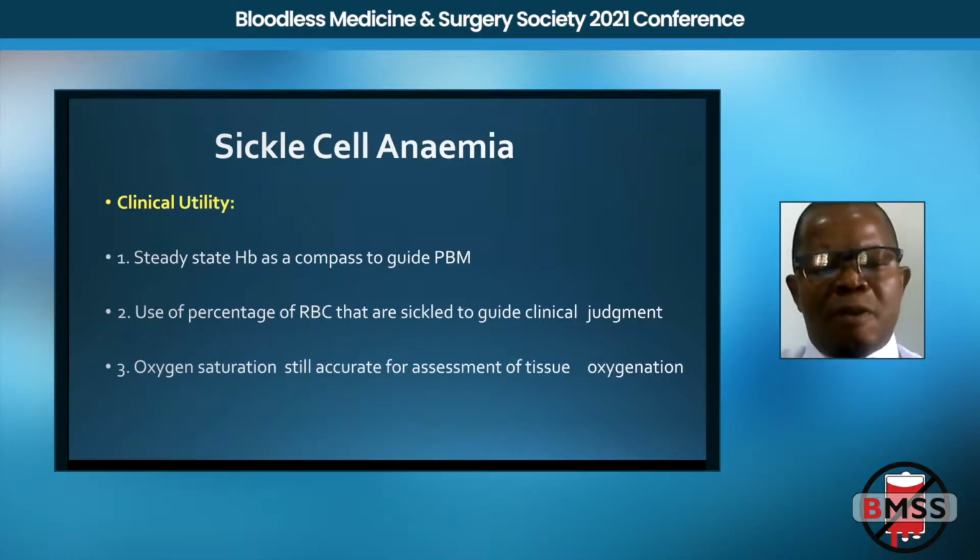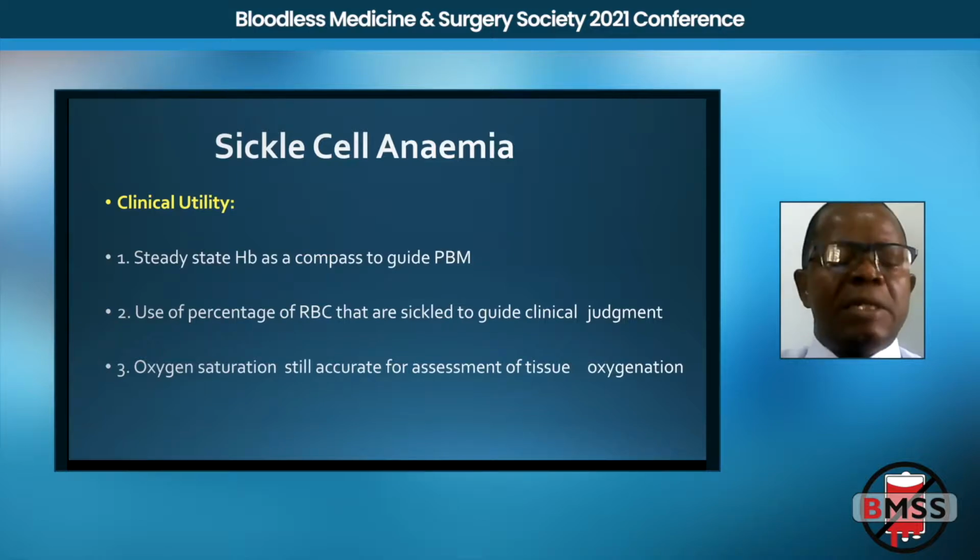We also have seen a correlation between the number of irreversibly sickled erythrocytes and the clinical state of the patient. And people have said that using pulse oximeter, you are not going to get any correct value with regards to tissue saturation in patients who are living with this condition.